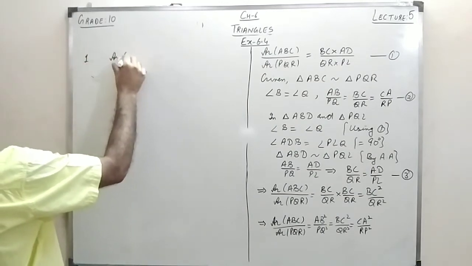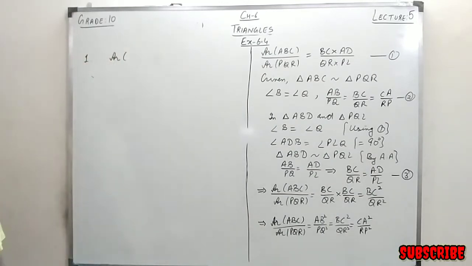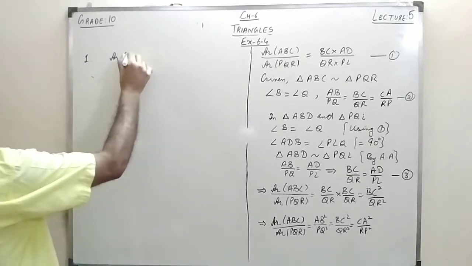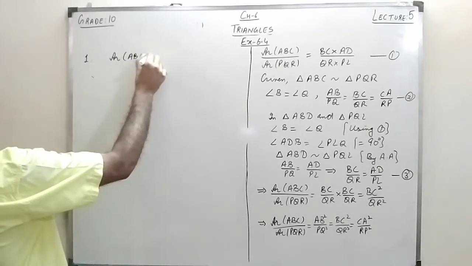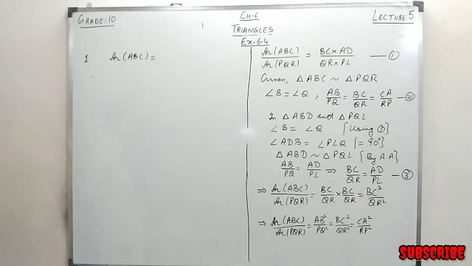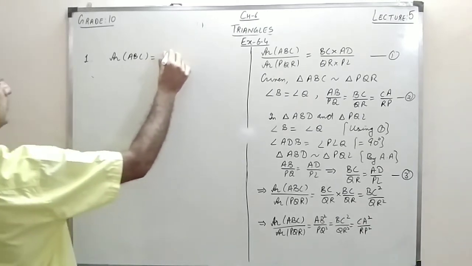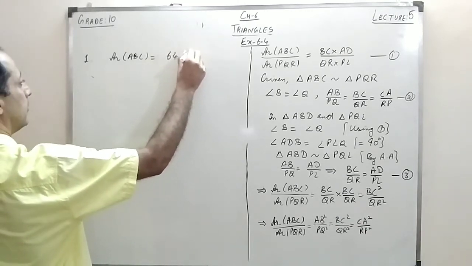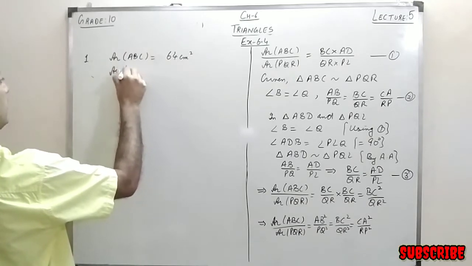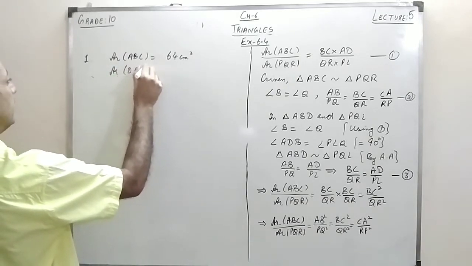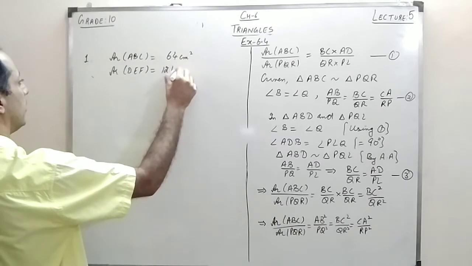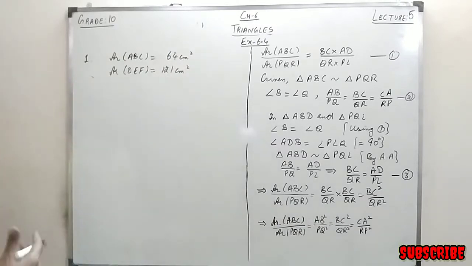Given area of triangle ABC is equal to 64 centimeters square. Area of triangle DEF is equal to 121 centimeters square. What else is given to us?